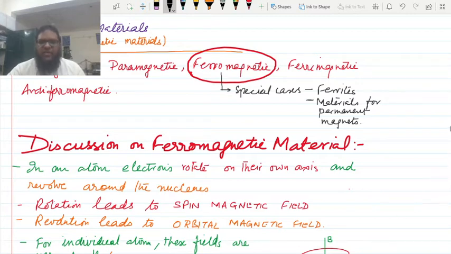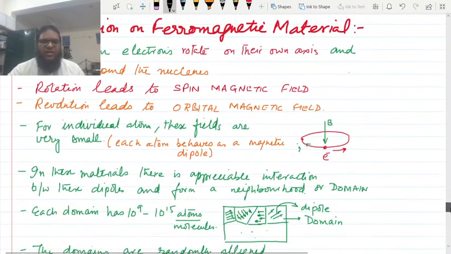Let us begin with the smallest particle, that is the atom. Atoms have a nucleus and electrons revolve around them, right? The electrons that are revolving around are also spinning on their own axis. The spinning leads to a spin magnetic field, because any charged particle in motion will lead to a magnetic field.